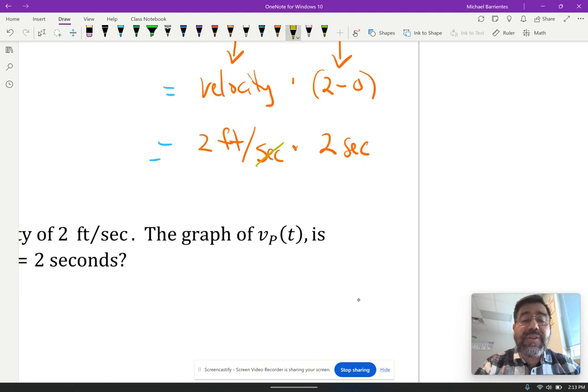So the seconds go away, and you're left with feet. And 2 times 2, well, that would be 4. That is the total distance that this particle traveled between time 0 and time 2, a total of 4 feet.